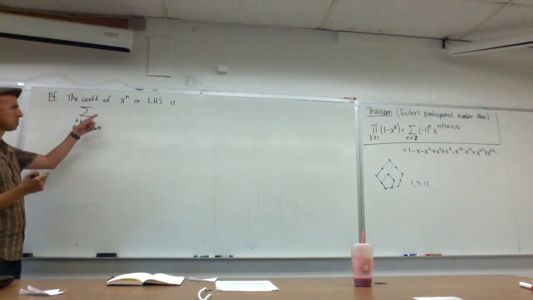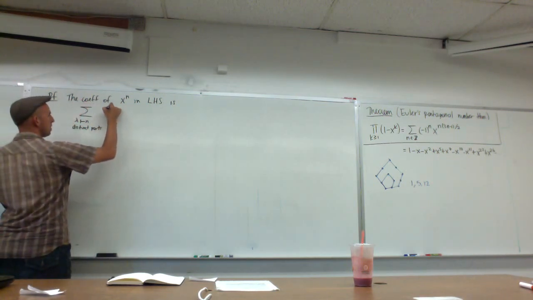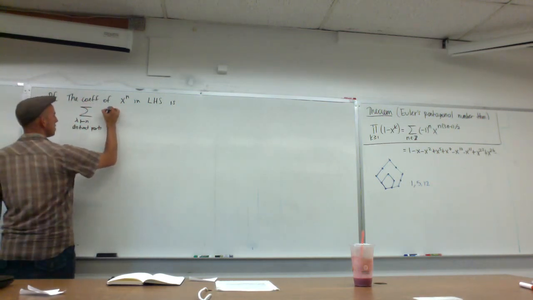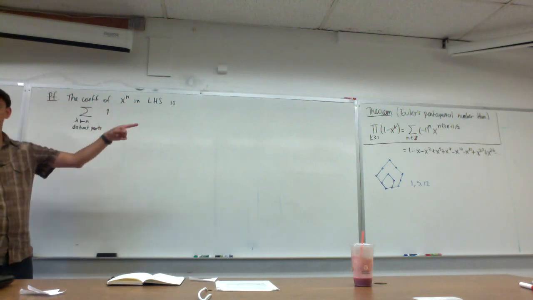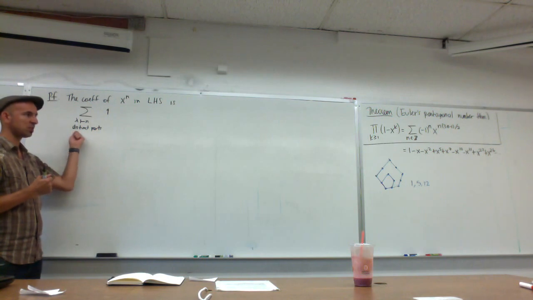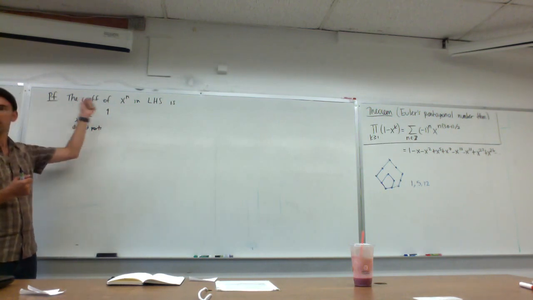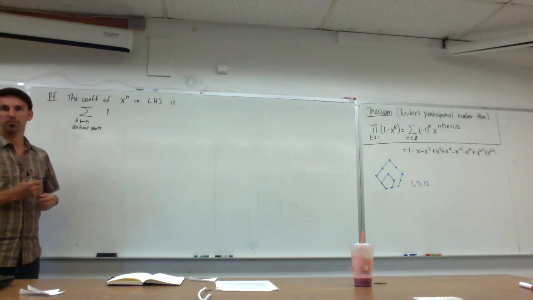Actually, I would just be summing 1, because if it was 1 plus x to the k, then every time I have a partition into distinct parts, I would get 1 new contribution. So the total would be just the number of partitions of n with distinct parts.